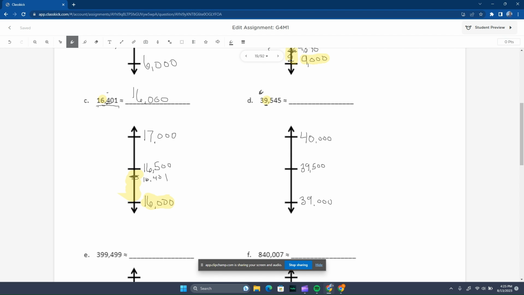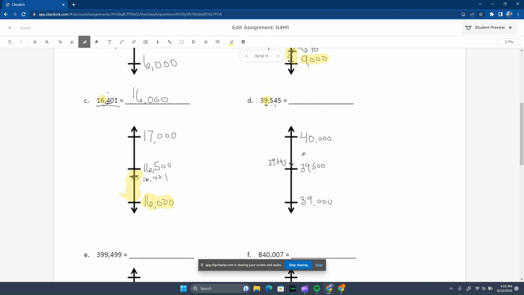Okay, I'm going to go back to my original number, and I have 39,545. Well, we have the same amount of hundreds here, but then I need to look at my next smallest place value, in this case, the tens. So 39,545 is just above 39,500. So in terms of this vertical number line, it's going to be just above.